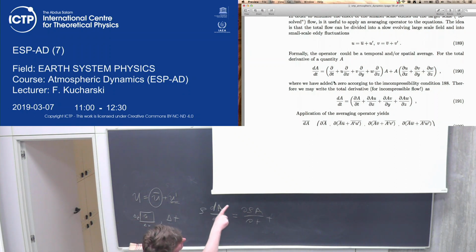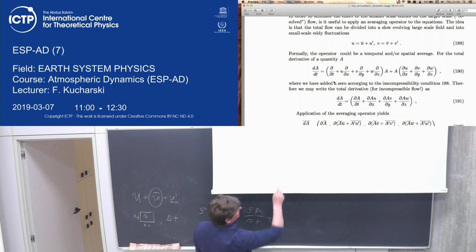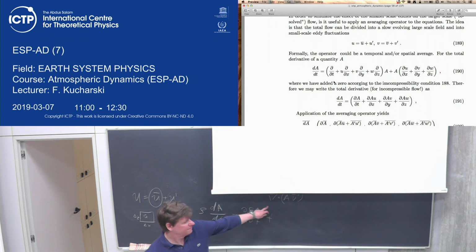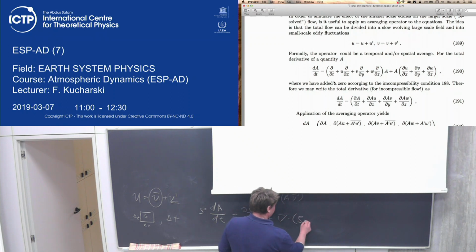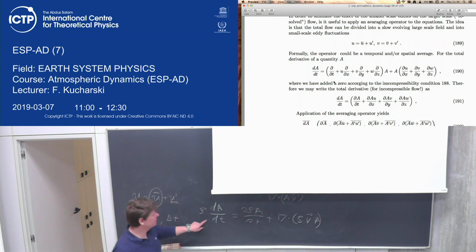So this would be the divergence of the... that's right, what we have there. But in the fully compressible flow, we would have the divergence of rho velocity and the quantity. And of course, you can use the continuity equation to show that this is an equivalent decomposition. This would be the flux version of a fully compressible flow.